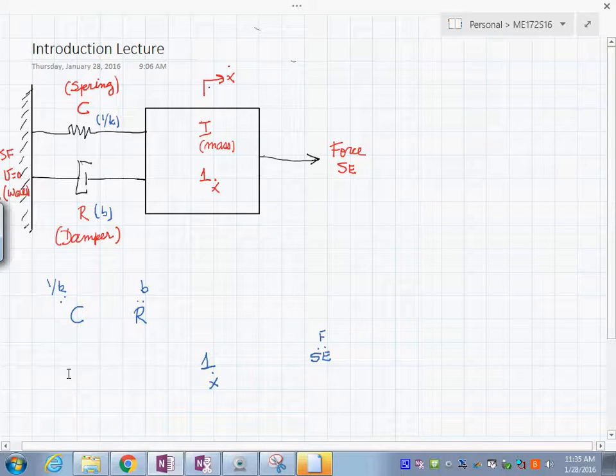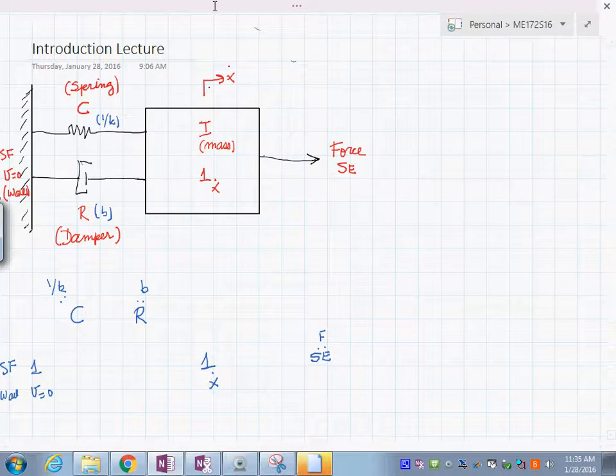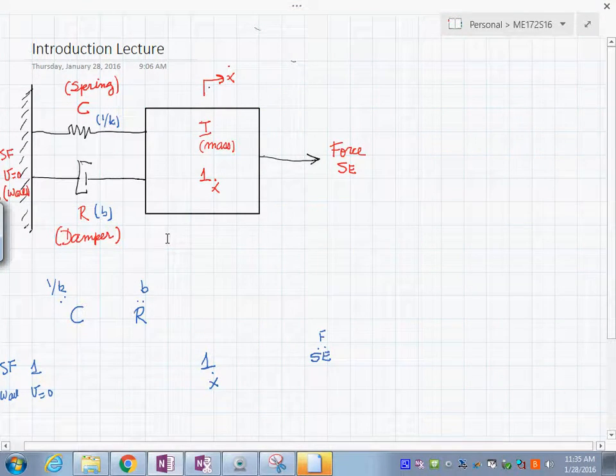And then we have again another reference velocity with velocity equals 0, and we have here the wall. Okay, so you see I have laid out the elements that my system is made of, but right now they don't make any sense because they are not connected together.